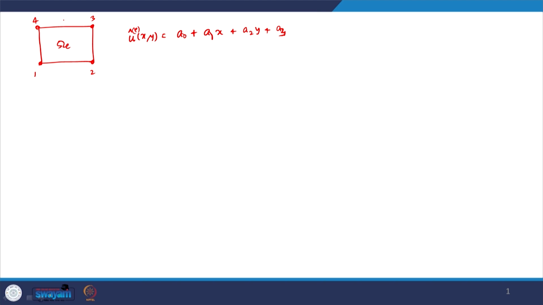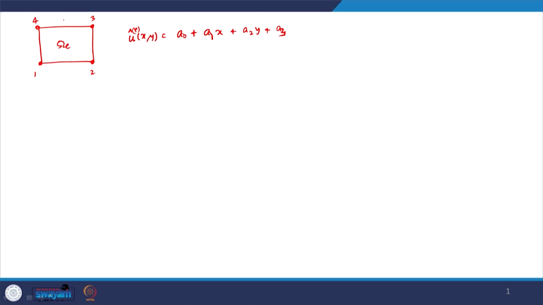In order to have a one to one mapping, the approximation that I construct is a unique approximation defined by the nodes over this particular rectangular element defined by these 4 nodes 1, 2, 3, 4 with the coordinates x1 y1, x2 y2, x3 y3 and x4 y4.